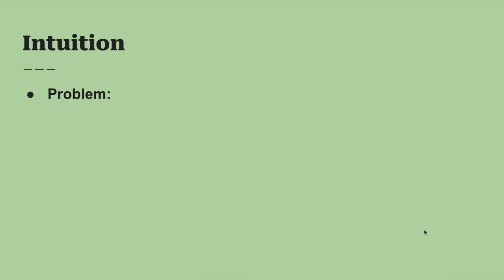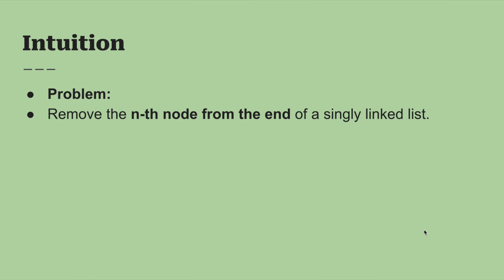We don't know the total length of the list in advance, right? If we want to remove the nth node from the end of a singly linked list, what is the problem here? See, we don't know the total length of the list in advance. This is our challenge.